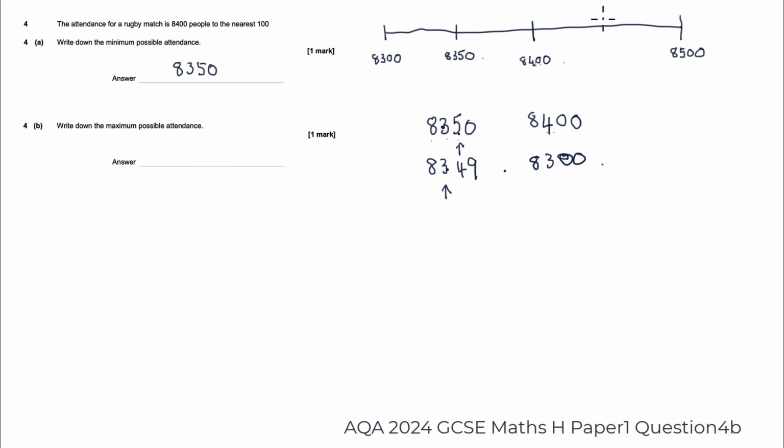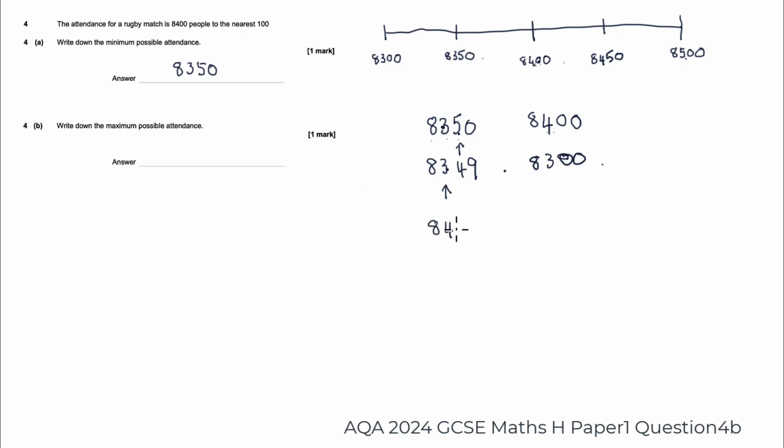So halfway between 8,400 and 8,500 would be 8,450. Now you would imagine that that would be the maximum value that we could use.